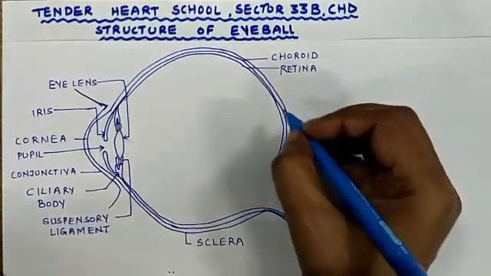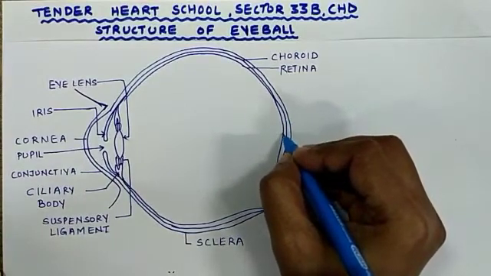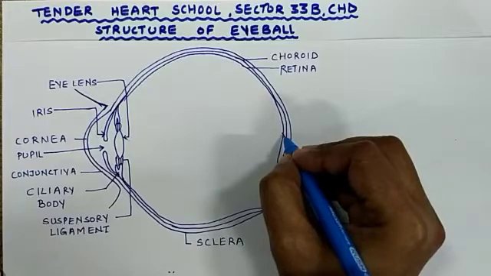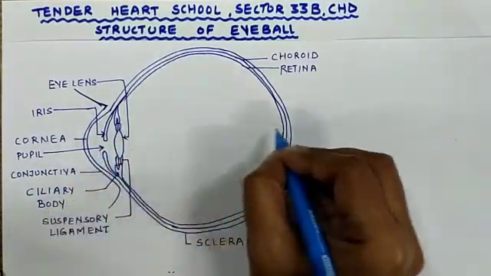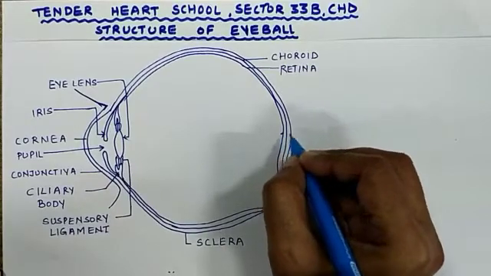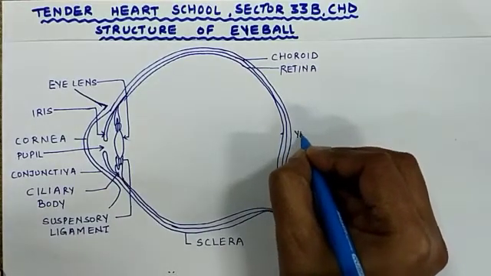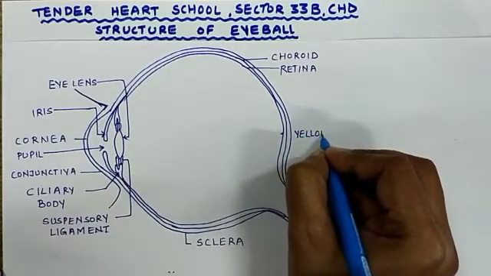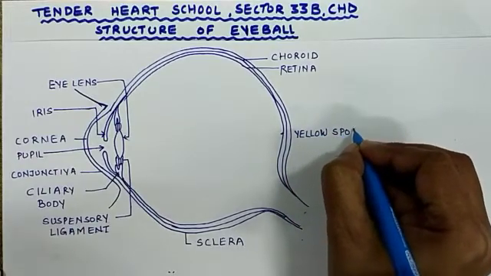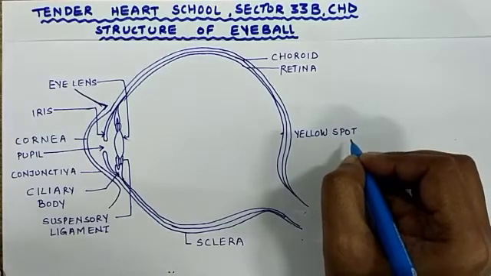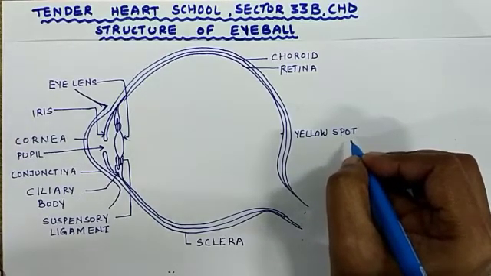Now children, at the back of the eye, almost at the center on the horizontal axis of the eyeball, this point is called the yellow spot. What is yellow spot? Yellow spot is the region of best vision.